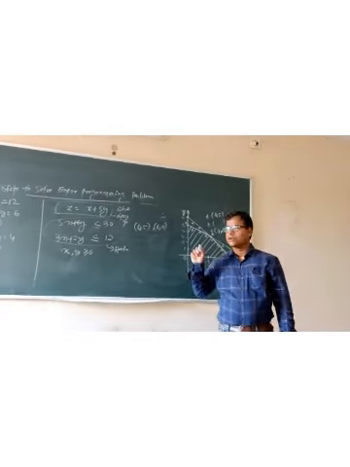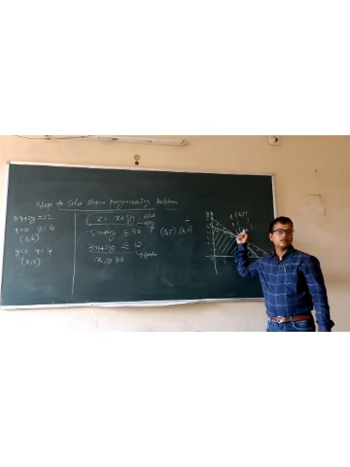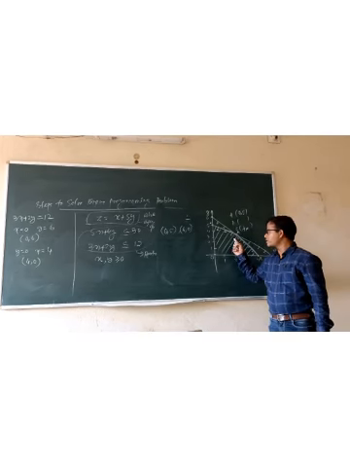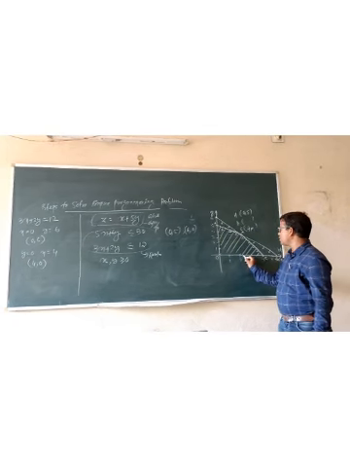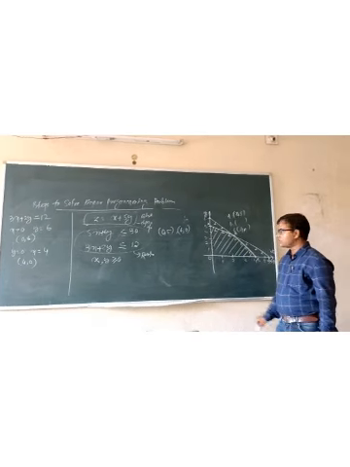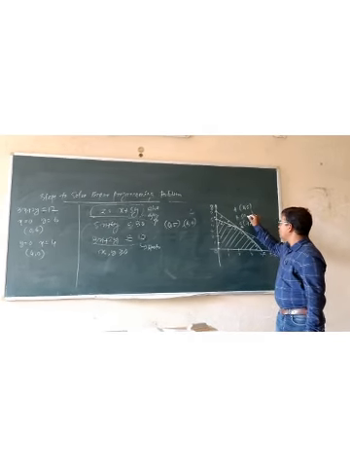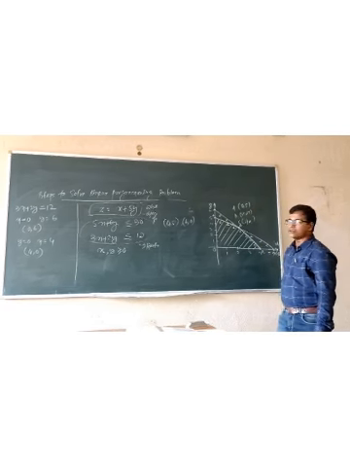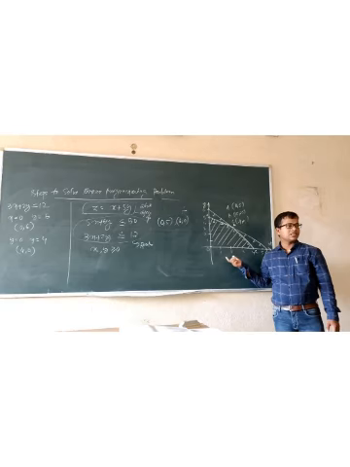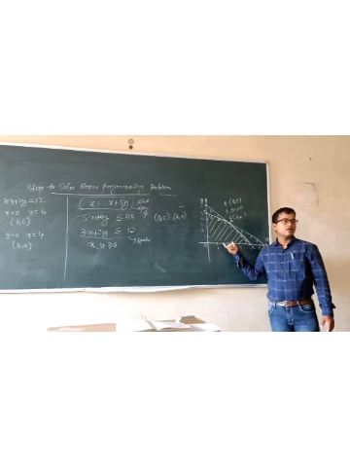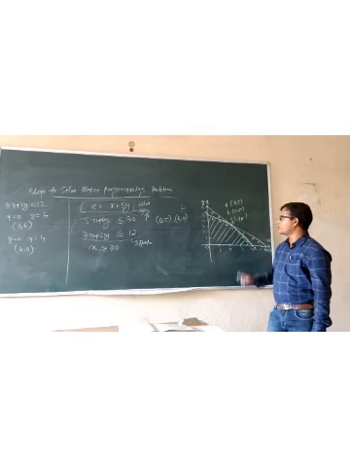Okay. So who can say what is the value of B point? This is your 3.5 and this is your 2.5. Let's assume 3.5 and 2.5. Okay, but it can be clearly seen in your graph paper. By plotting in a graph paper, you can easily identify the point B.